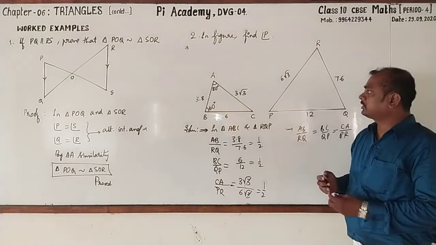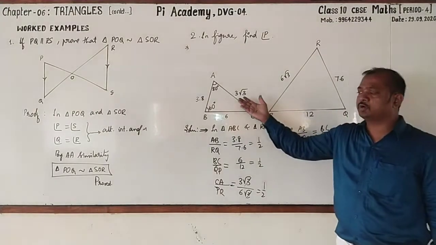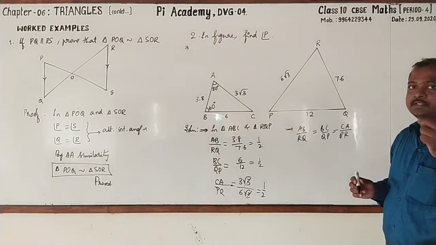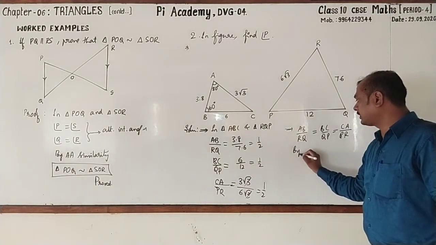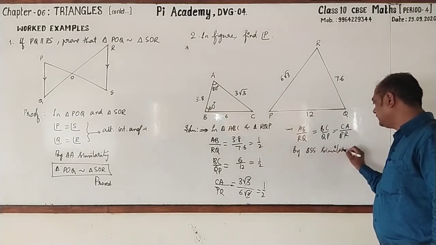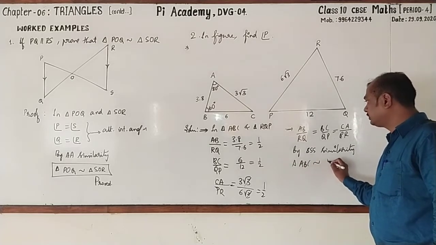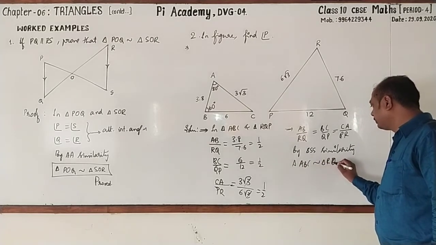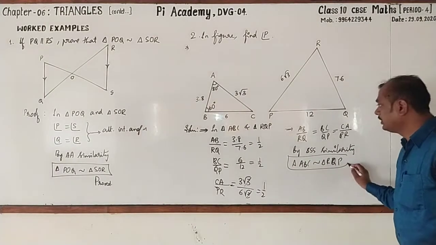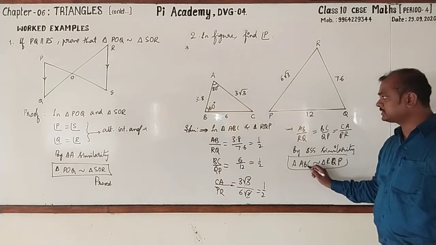So here we come to know that the corresponding sides are in the same ratio. If they are in the same ratio, then the triangles will be similar according to SSS similarity. By SSS similarity, we can write triangle ABC is similar to triangle RQP, not PQR. Remember this one.